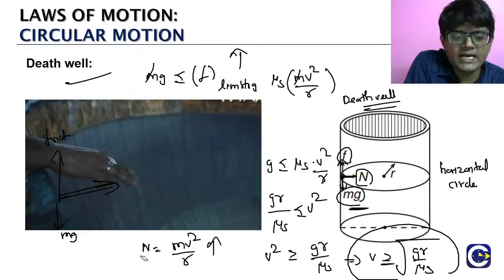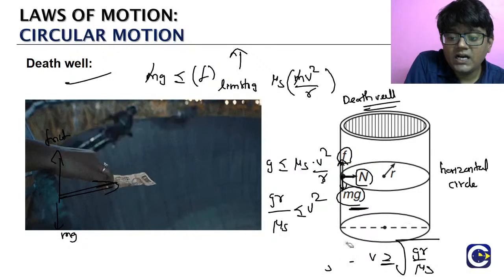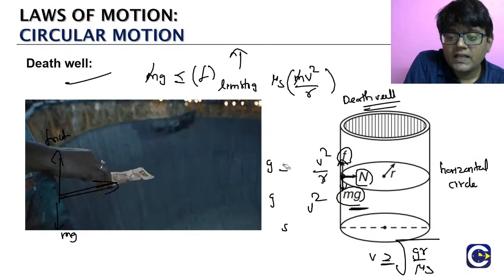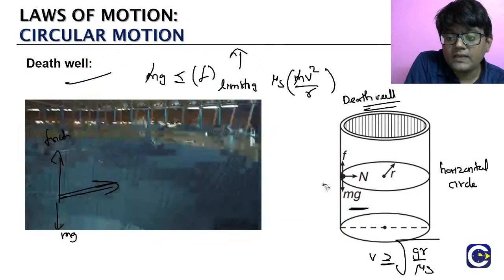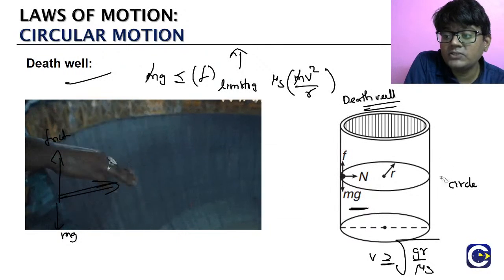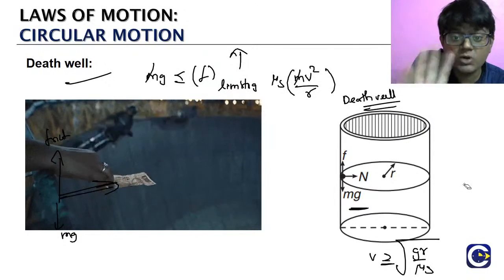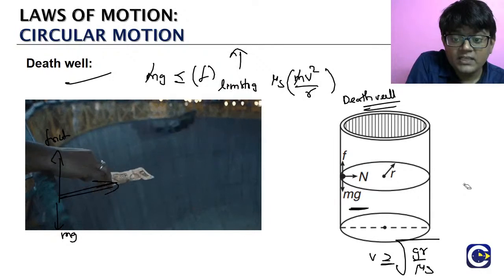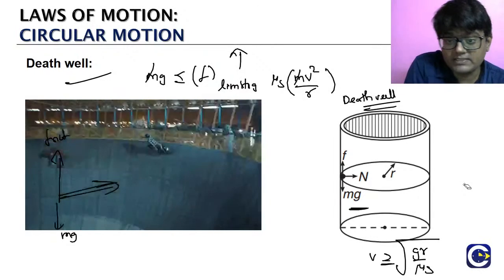So here the safe speed does not have an upper limiting value as usual. We will say the velocity cannot be less than that; the velocity has to be more than or equal to root of gr by mu s.